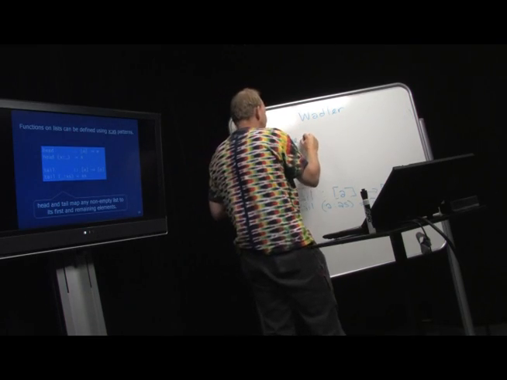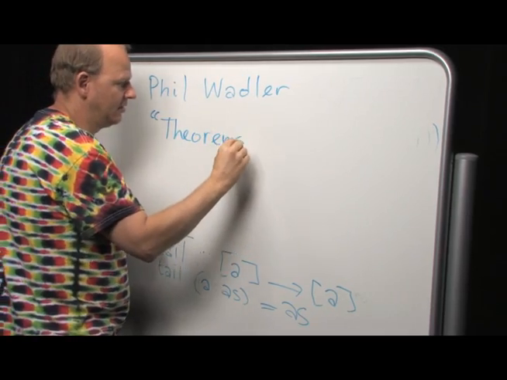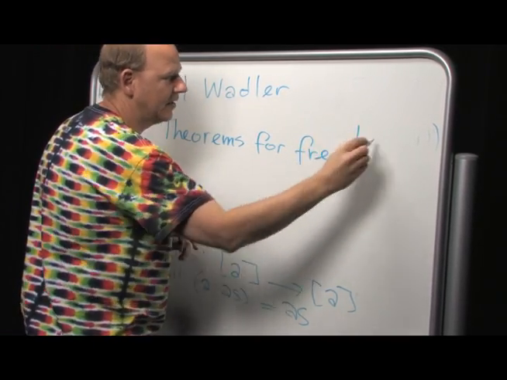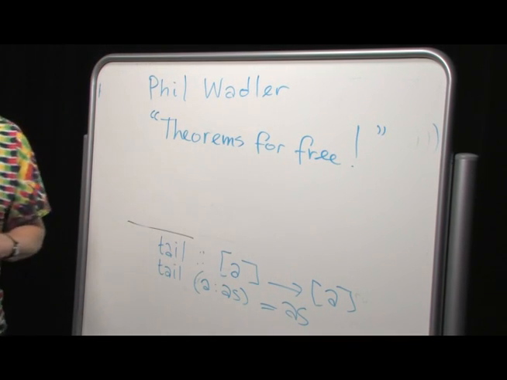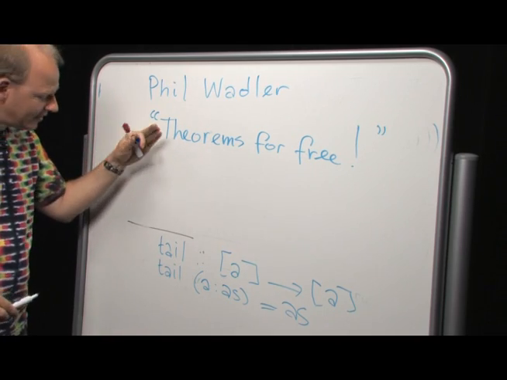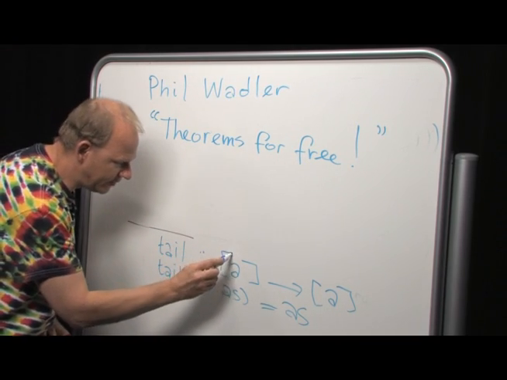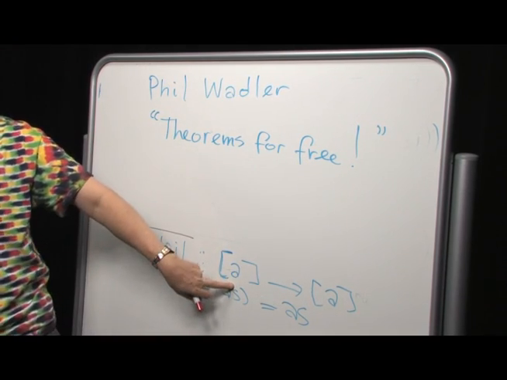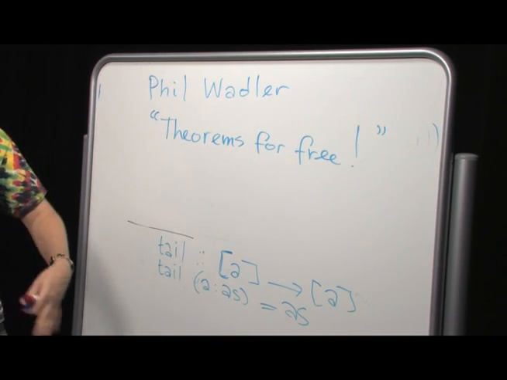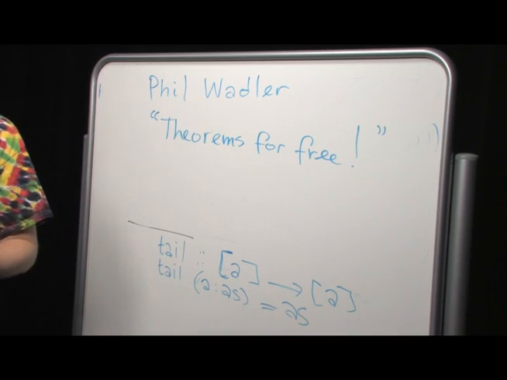It's called Theorems for Free, and I think it even has the exclamation mark in the title. What it's about is that when you look at the polymorphic type of a function, from that type you get a theorem that the function satisfies.